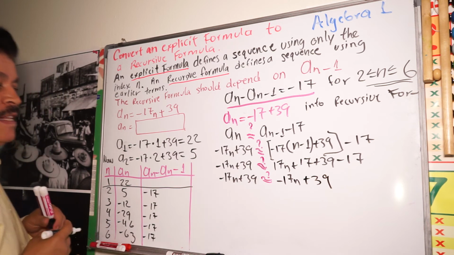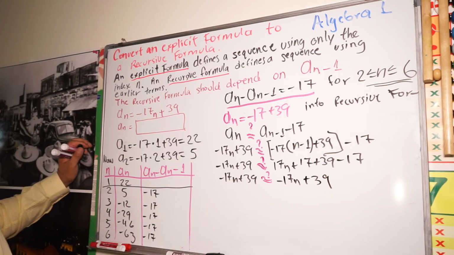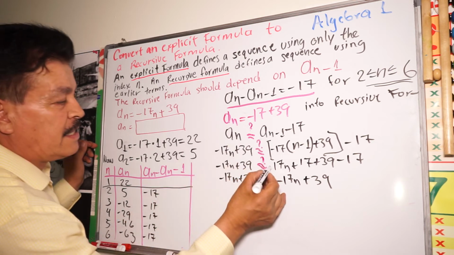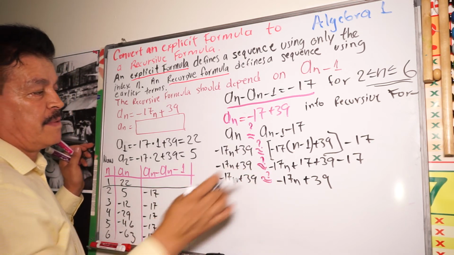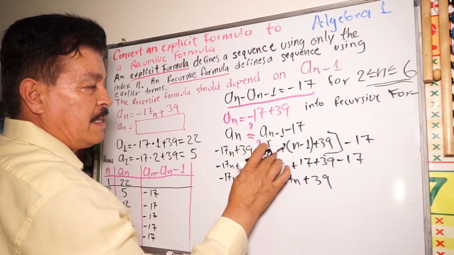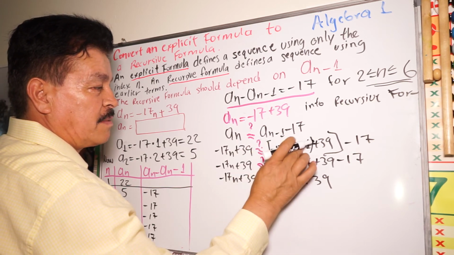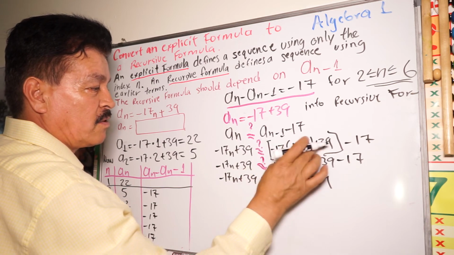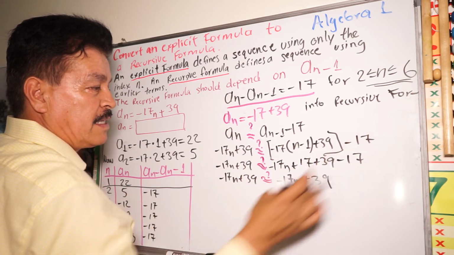Negative times positive is negative: negative 17n. Negative times negative is positive 17 right here. So 17 plus 39 minus 17. Okay, right.